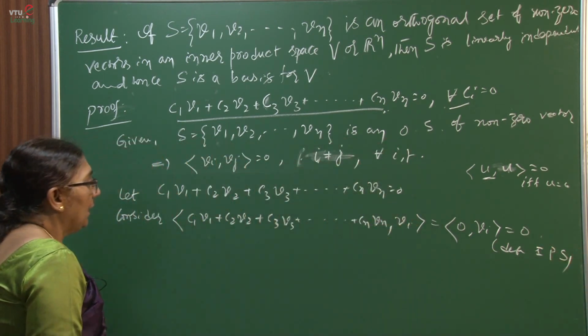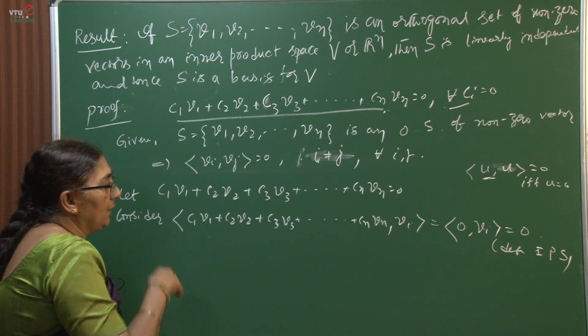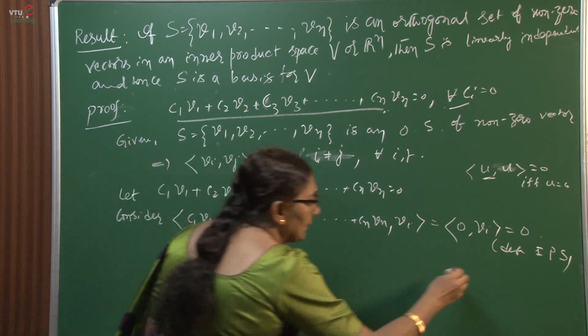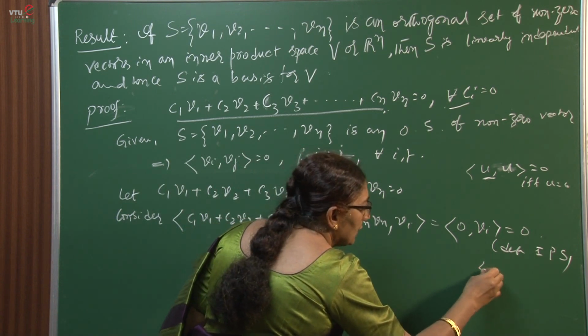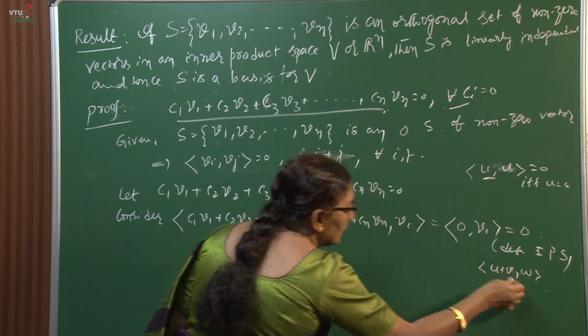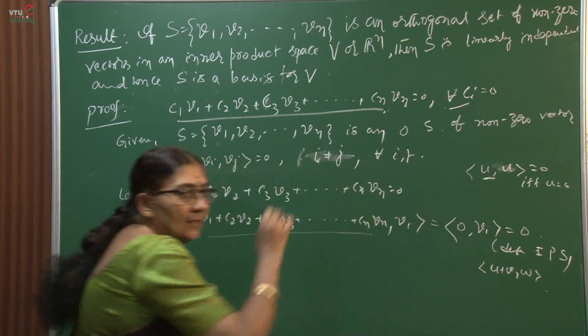The next step is additivity in the first slot. You already know the second condition, the inner product of u plus v comma w. Instead of v plus w, we have n number of terms.